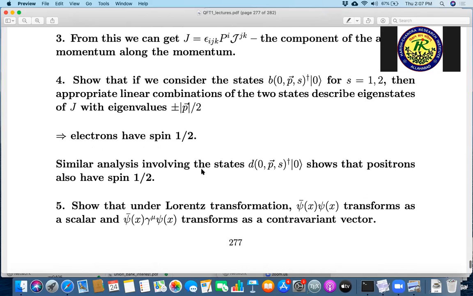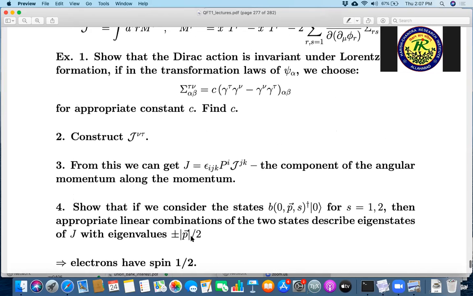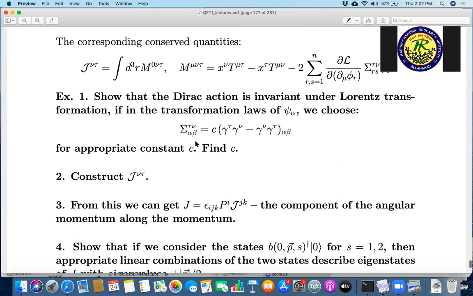And independently of this, I'll leave it as an exercise also to show, and this is a useful property, that under Lorentz transformation, psi bar psi transforms as a scalar, and psi bar gamma mu psi transforms as a contravariant vector. In fact, these relations you will probably have to prove anyway when you check that this leaves the Dirac action invariant.